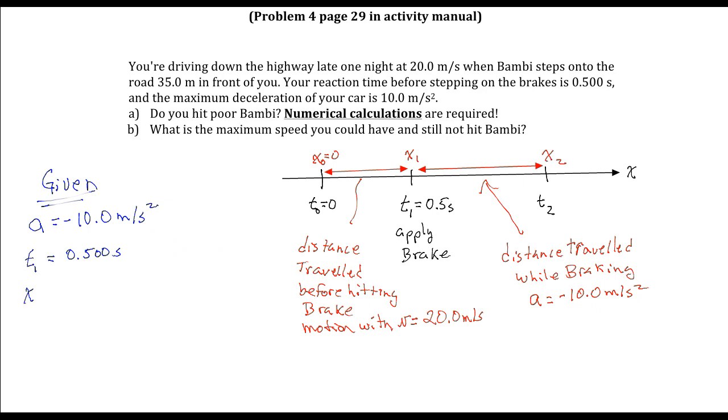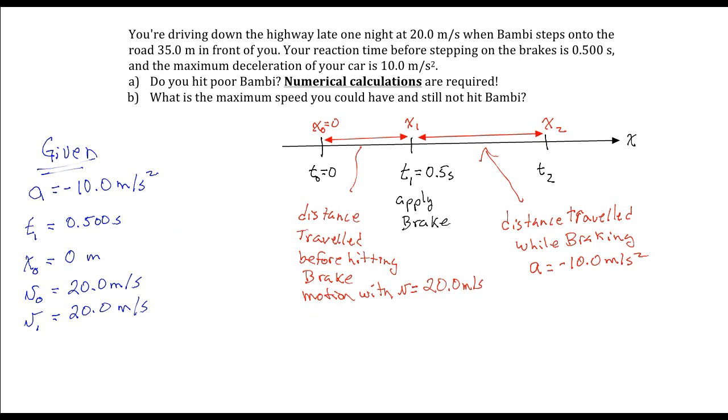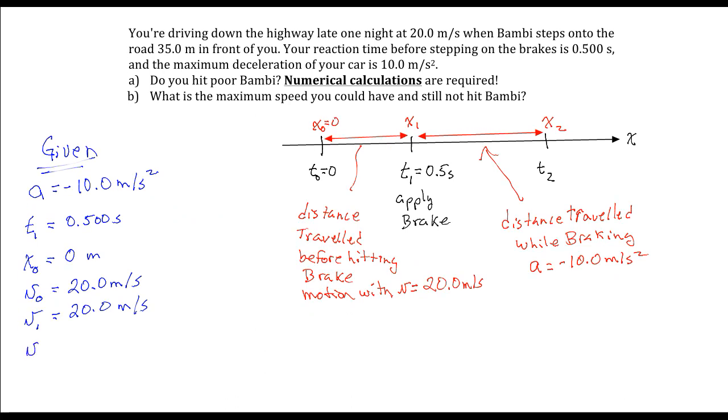We could assume when we first notice Bambi that we're at the origin, so that's at 0 meters, and we know that our initial speed is 20 meters per second, and that is our speed at t equals 1 as well. Just the moment before we hit the brake, we're still traveling at 20 meters per second. And finally, we know our speed at t equals 2 is 0. We come to a stop.